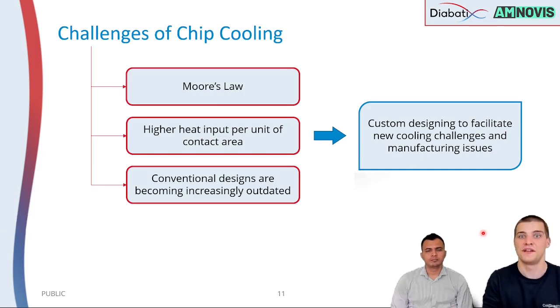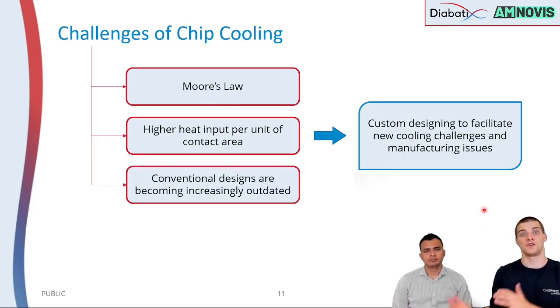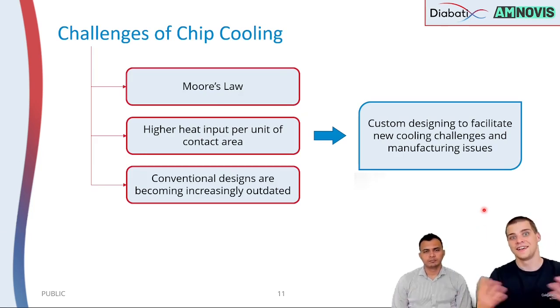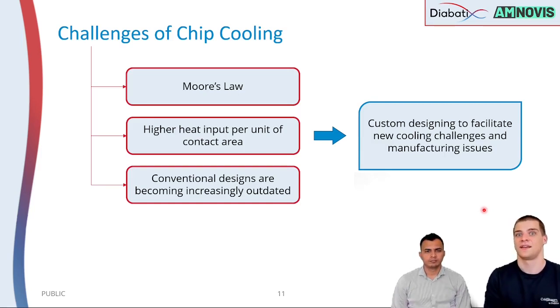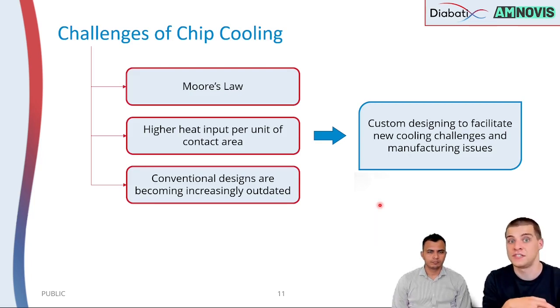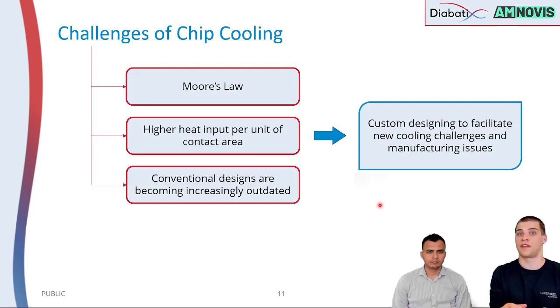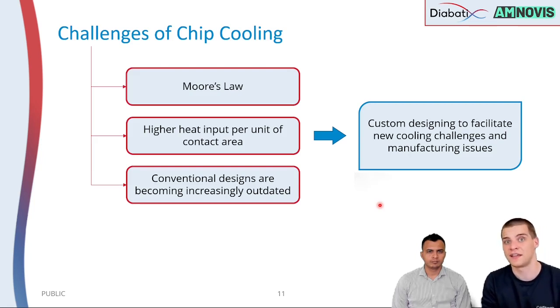Thank you, Suraj. So you now had a brief introduction of what both Amnovis and Diabatix stand for, and of course, you might say that it's an ideal situation. But now we will go to a case study where we prove our facts. In our case study, we'll go over the improvement of a CPU cooler. The current challenge with CPUs is, as you all know, Moore's law, that the amount of transistors per unit of area doubles every 2 years.